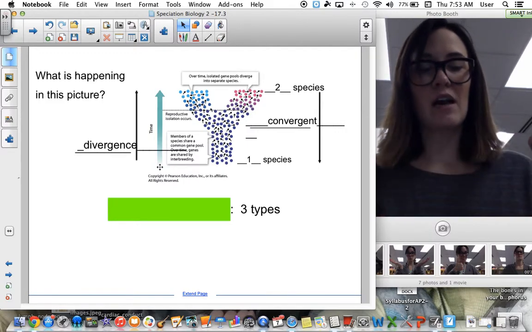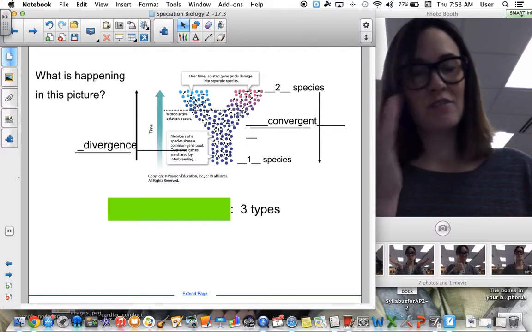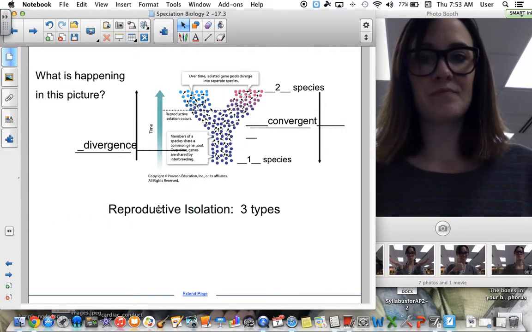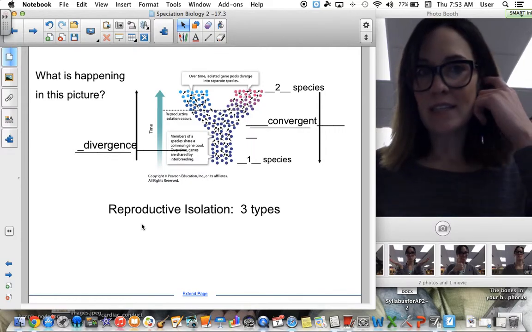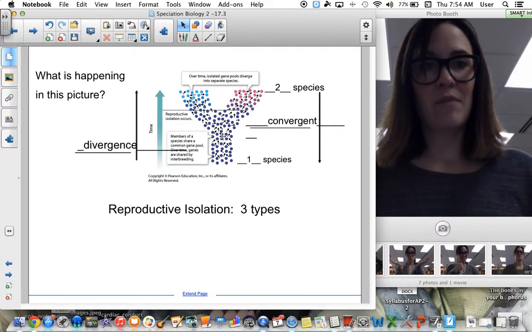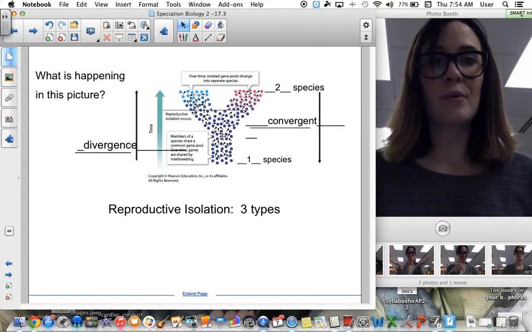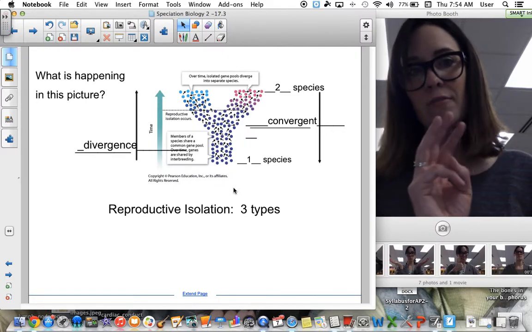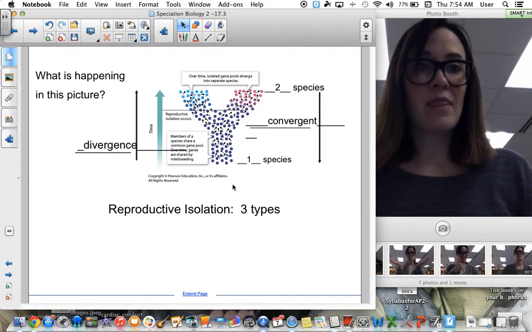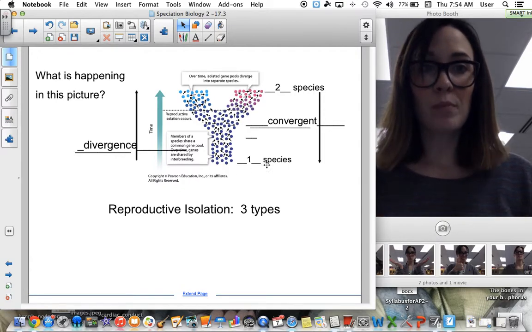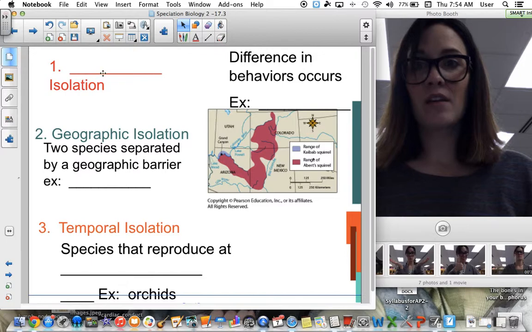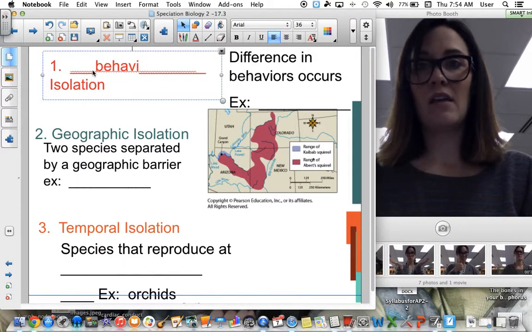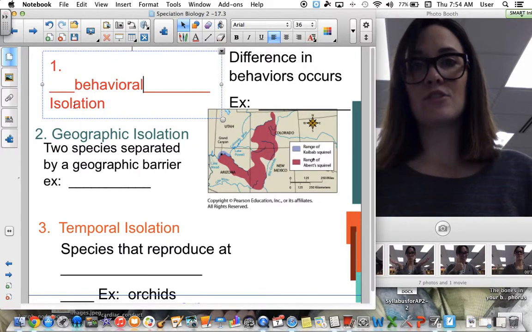All right. So let's focus on the divergence. One species becoming two. They have to become reproductively isolated. Reproductive isolation has to happen where they cannot reproduce for whatever reason. There's actually three different types that species become reproductively isolated. The first one is called behavioral isolation.